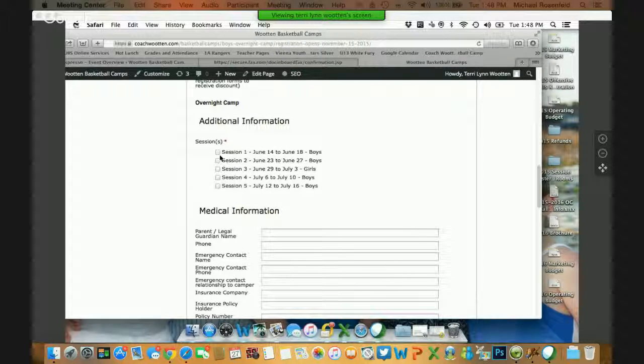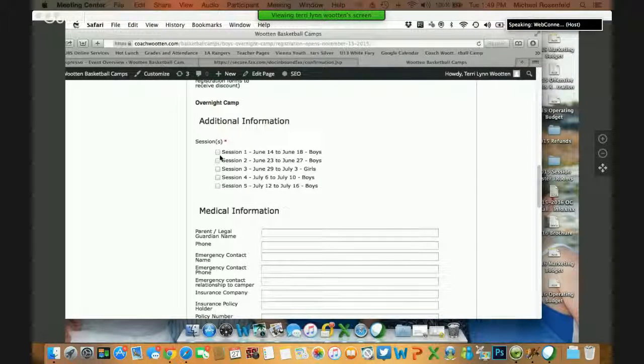So the two things multiple sessions would do: it triggers the need for a deposit per session, and we do have a discount called the multiple session discount, where if you chose week 1 and 2, you would get $20 off week 1 and $20 off week 2, but that would come off the balance, not the deposit. Okay, got it.